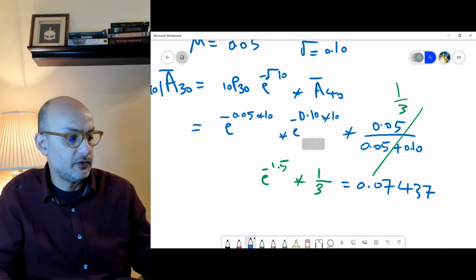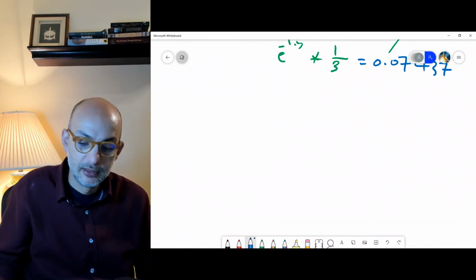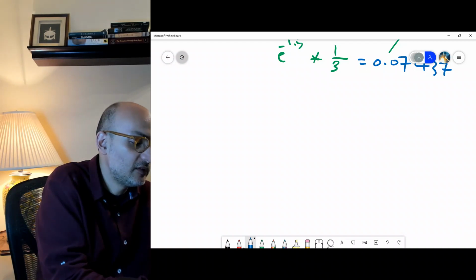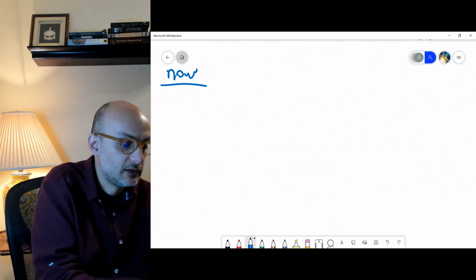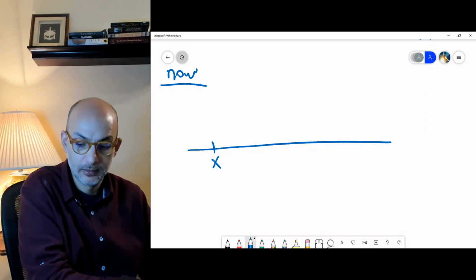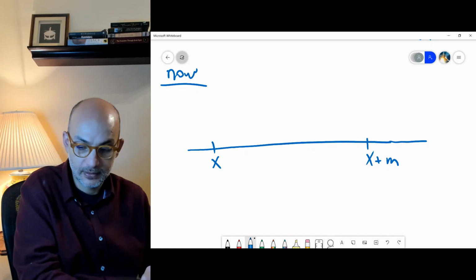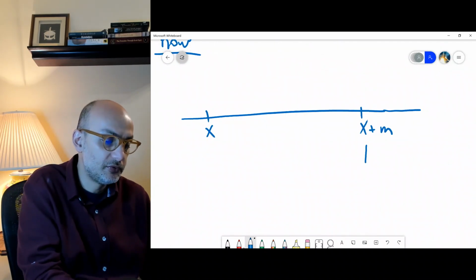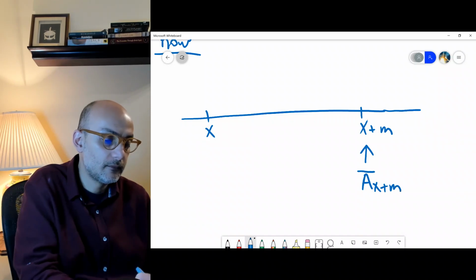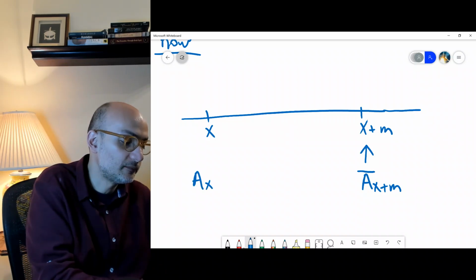Now let's move a little bit into how we relate things together. Let's look at some relations. So this is your x, and you have x plus m here, right? You can compute here ax, right?